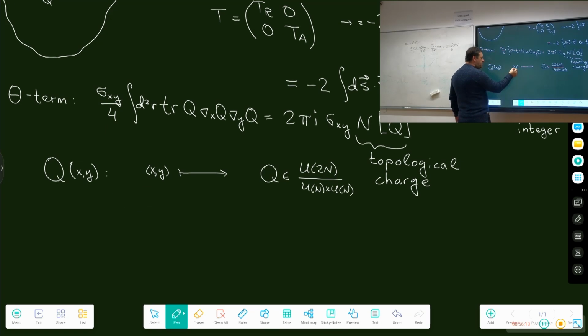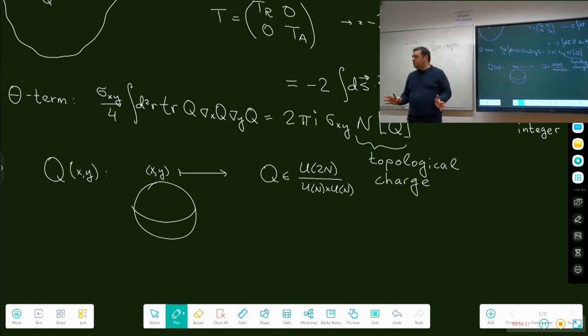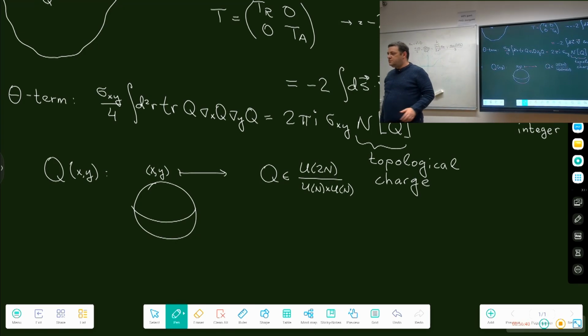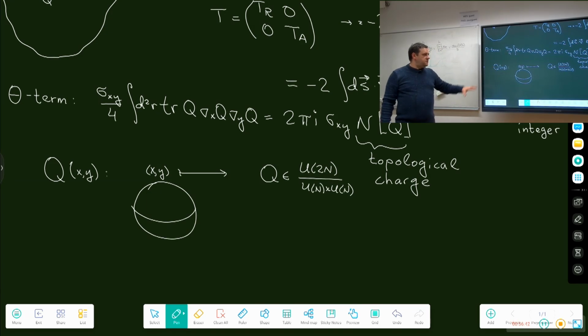And instead of just a plain two-dimensional square, I will draw the sphere. A sphere is also a two-dimensional object, but it doesn't have a boundary. So in a sense, I say, let's take our two-dimensional plane and make it a sphere such that the infinite point, or boundary point, on our plane is, for example, some point on this sphere. This is a very standard thing you can use.